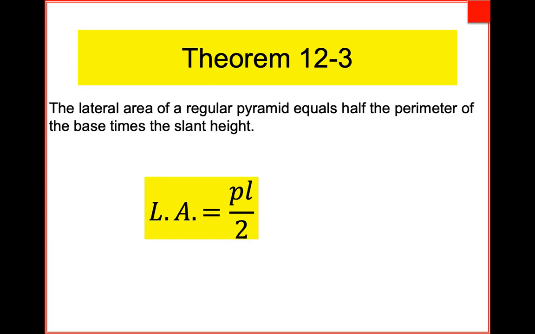I guess the point I'm trying to make is this is not as easy a formula as it looks, unless they give you both the perimeter and the slant height. If they do that, then yeah, it's a simple formula. All right, so in your book of truth, the lateral area of a regular pyramid equals half of the perimeter of the base times the slant height. So PL over 2.